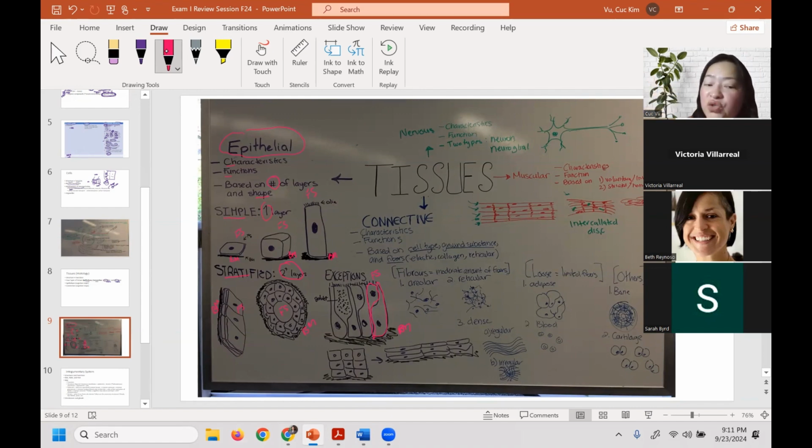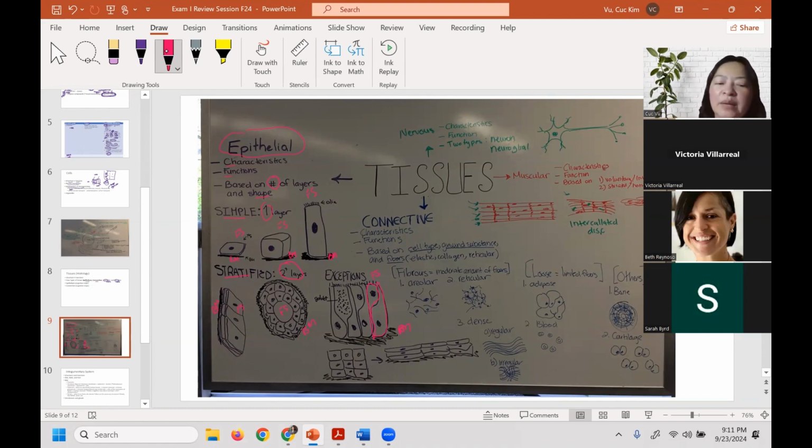So in this case, you would call this simple or stratified? Stratified. Yes. And then you add the name of the shape. By the way, some of you on your quiz missed one of the names. For epithelium, you have to have the layer name and the shape name. So in this case, it would be stratified cuboidal epithelium.